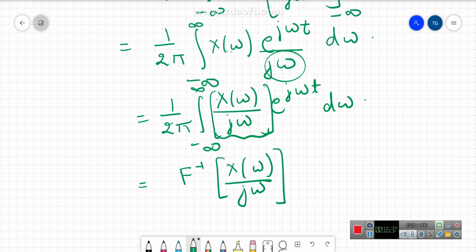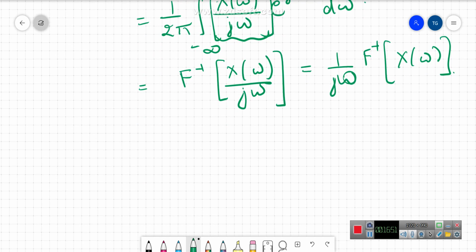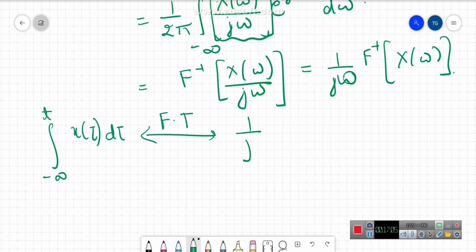The j omega comes outside, so it becomes 1 by j omega times the inverse Fourier transform of X of omega. Now we have successfully proved it, and this can be written as: the Fourier transform of the integral from minus infinity to t of x of tau d tau, the integration in the time domain, is 1 by j omega times X of omega.